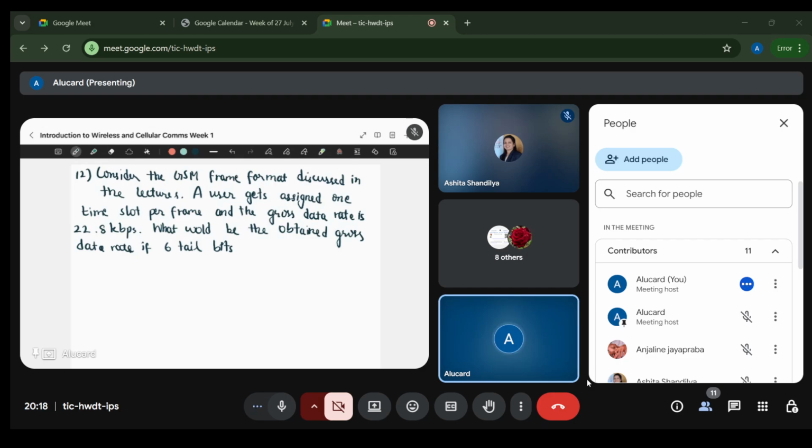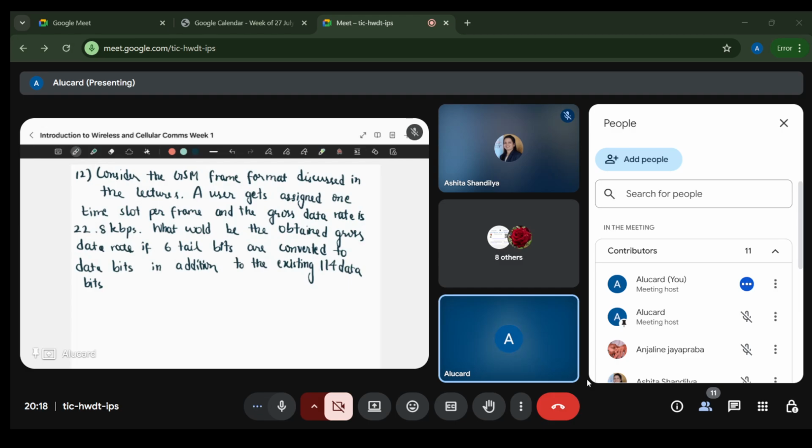So if those six tail bits were instead converted to data bits, in addition to the existing 114 data bits, so there are two segments, each of 57 data bits, which gave us a total of 114 data bits.